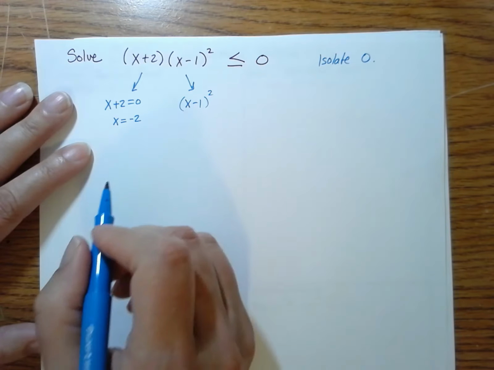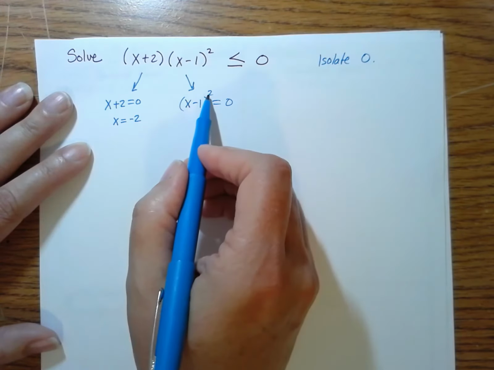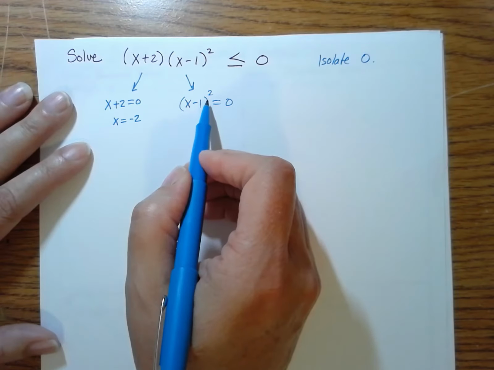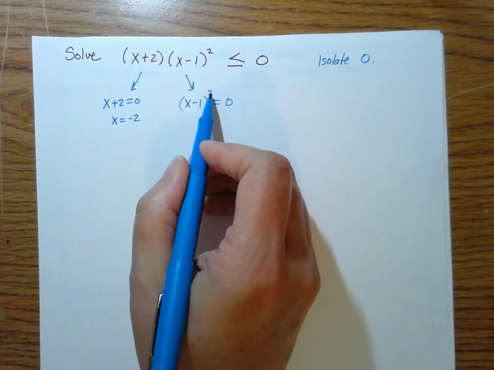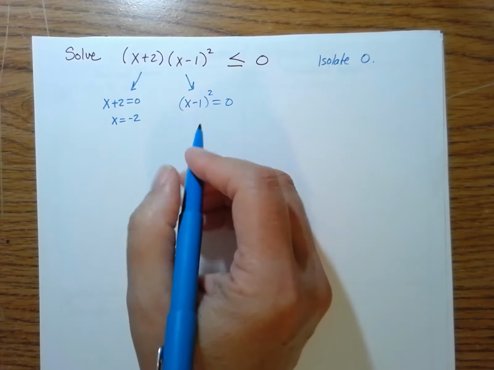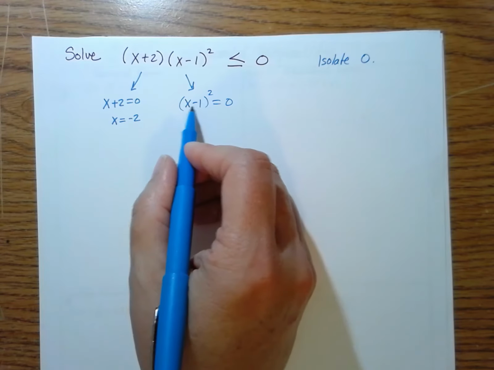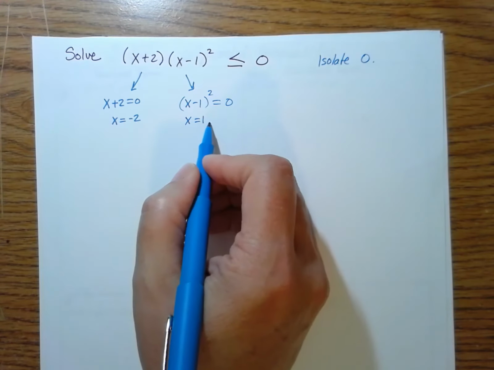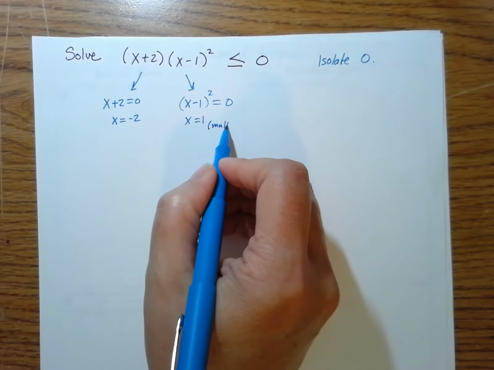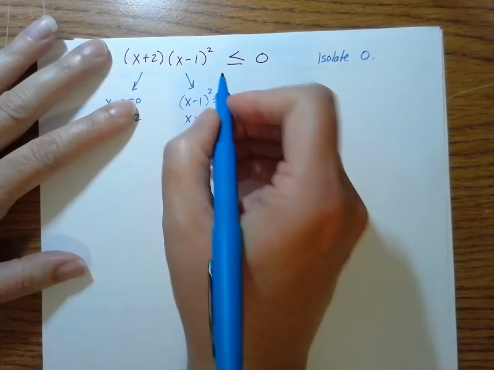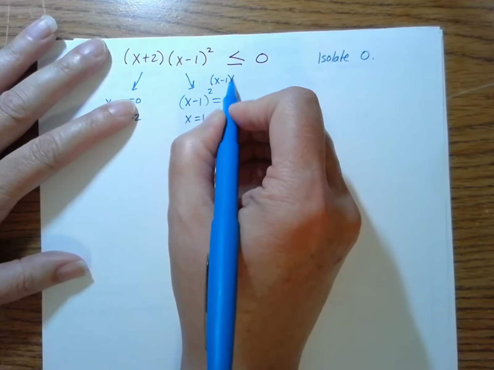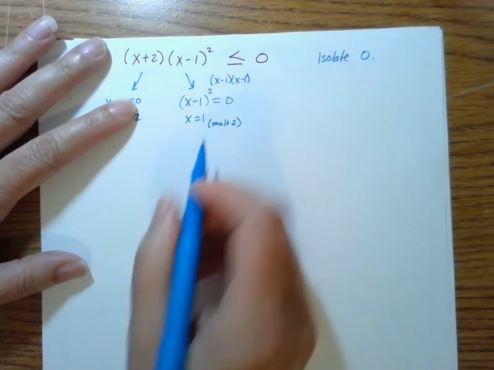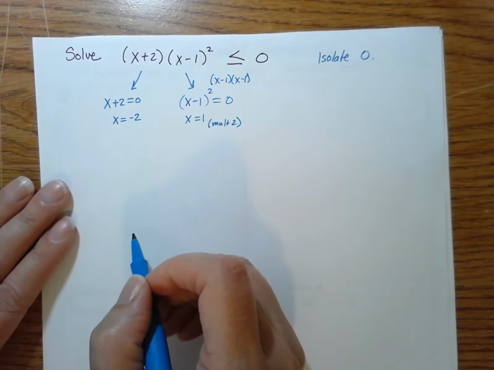Now it's squared, so that equals 0, but the square doesn't mean that we need to solve anything fancy. We just recognize this as a multiplicity like we saw in some previous lessons. So that means x is going to equal 1, but we're going to make a note that its multiplicity is 2. Remember, that means that we just had the same factor twice, x minus 1 and x minus 1. We're going to get x equals 1 twice.